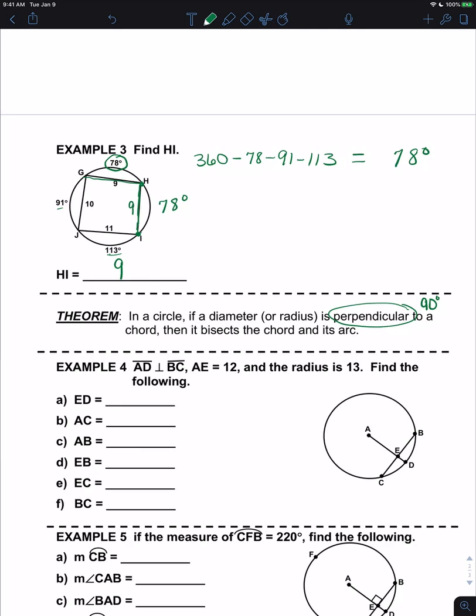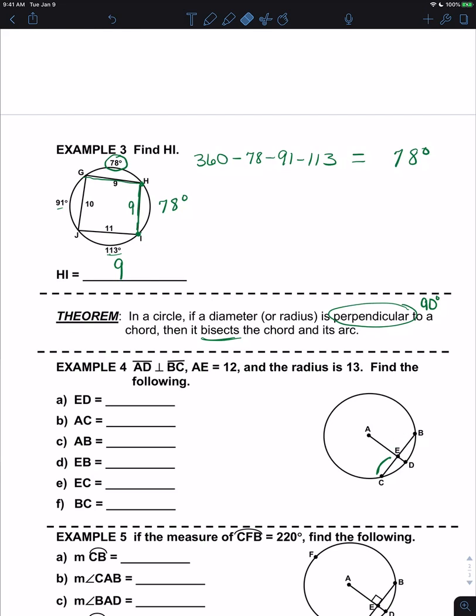So if we're told that they're perpendicular, we know that that's automatically going to be a 90-degree angle. Then it's a bisector of the chord and its arc. So that means if it's a bisector, then this measure here is going to be the same as this measure here. From E to C and E to B would always be the same.